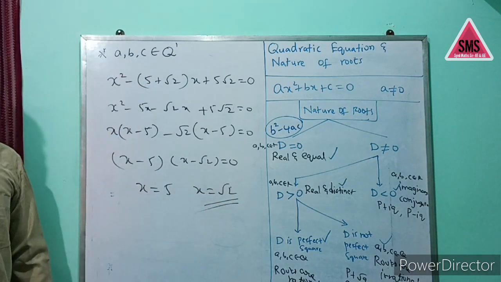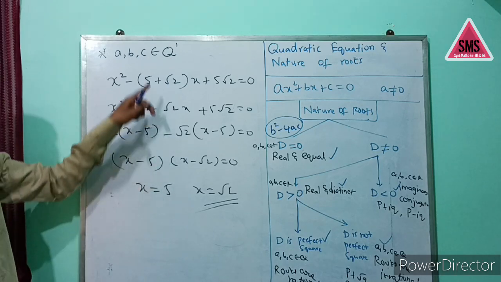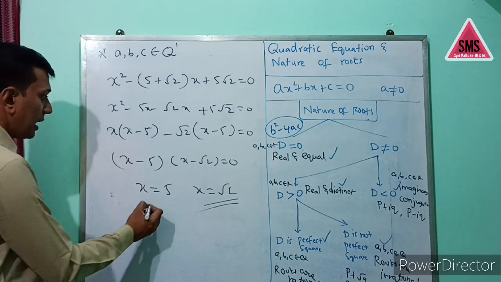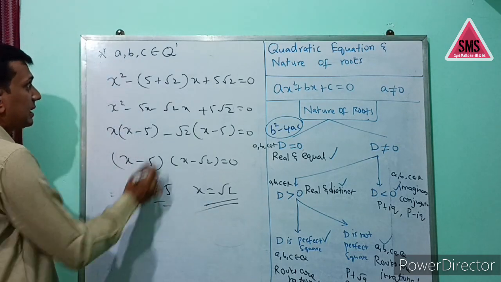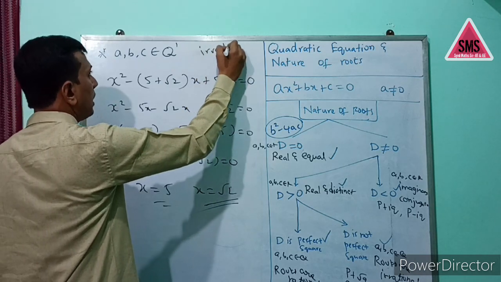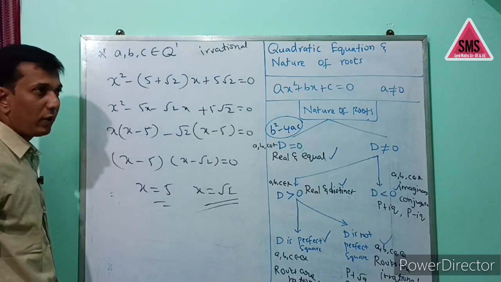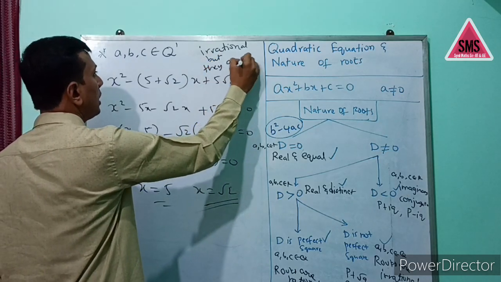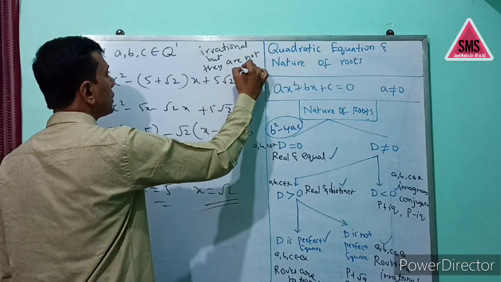Now it is very evident that we are not going to get any conjugate roots. They are very different. We are going to get irrational roots, but they are not conjugate.